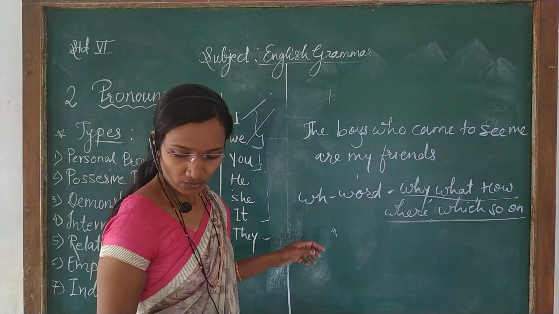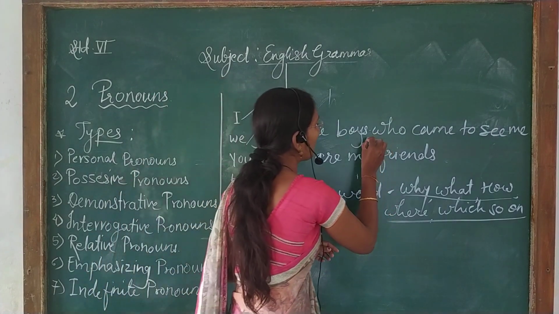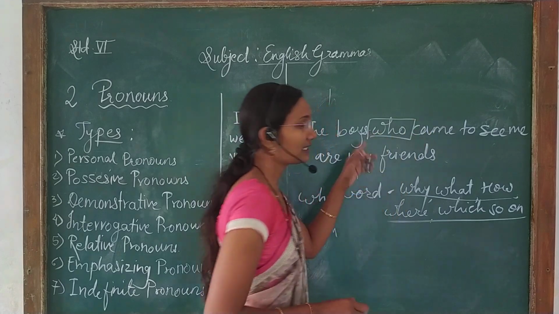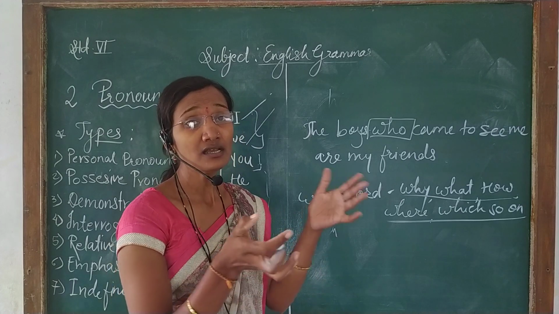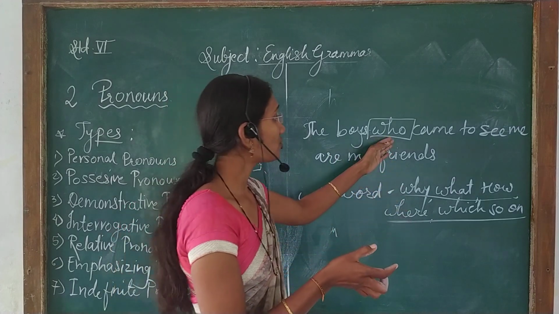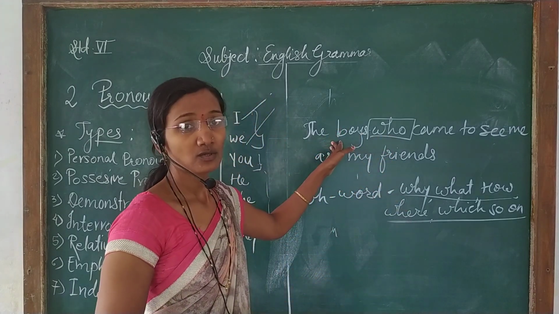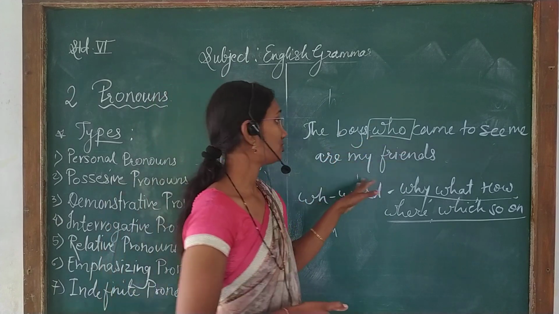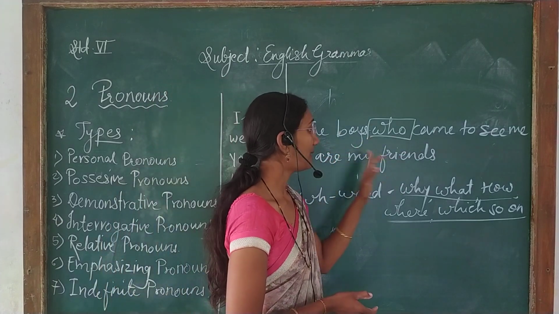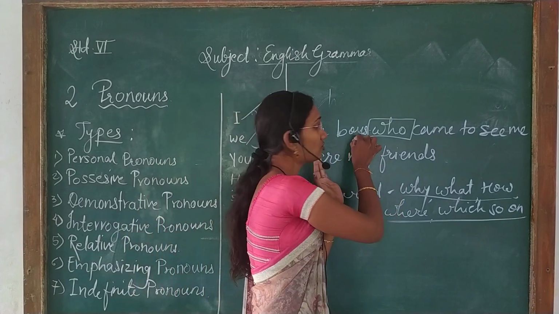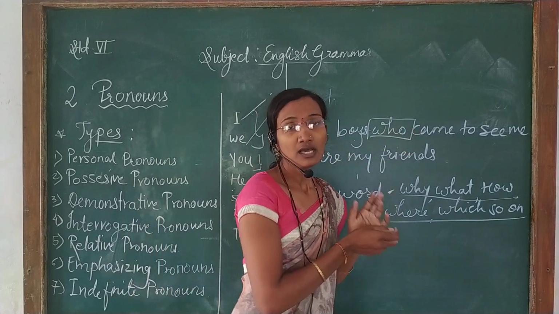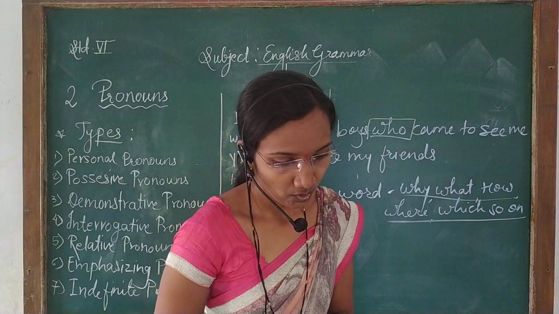So see, if you observe this sentence, you will find this "who", okay. Who is here a relative pronoun, because it is not used as a question, it is used as a relation, okay. So it is showing relation with these boys. Who? The boys who came to see me are my friends, okay. So these are my friends, who? Boys. So that is why such words are called relative pronouns, okay.